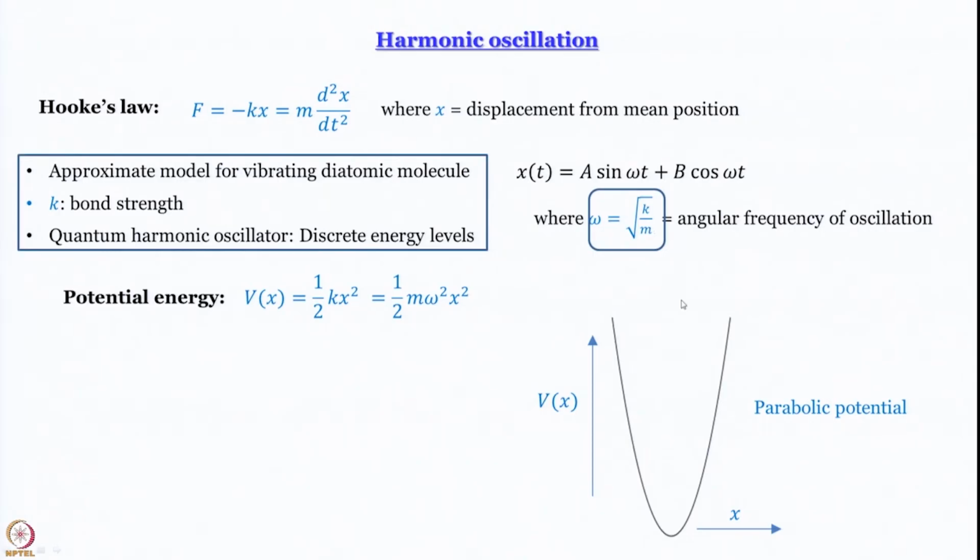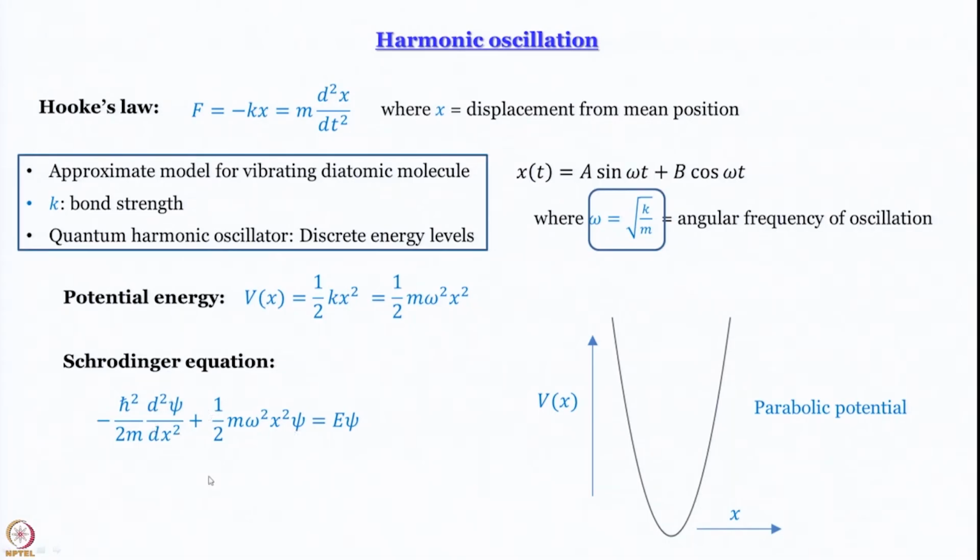So, for a harmonic oscillator, from classical mechanics itself, we know that the potential energy is parabolic. So, what we do is we take this parabolic potential and we plug it into the Schrodinger equation in place of V. The first term remains the same, the kinetic energy term.